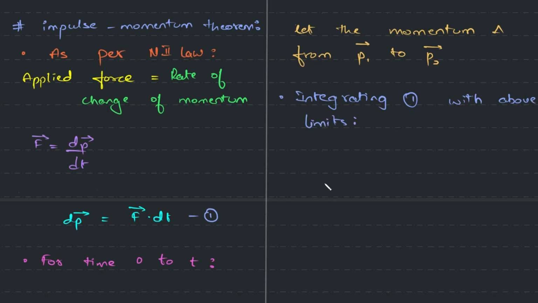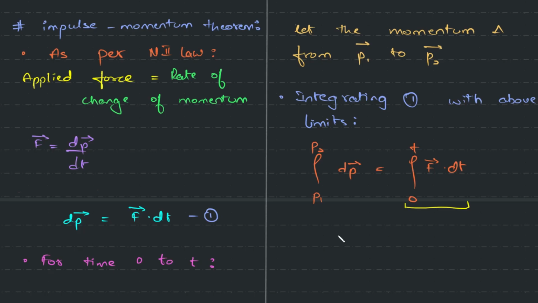What limits? On the left hand side we have P1 to P2 dp, and on the right hand side we have 0 to t F dt. Okay, this is nothing but your impulse.